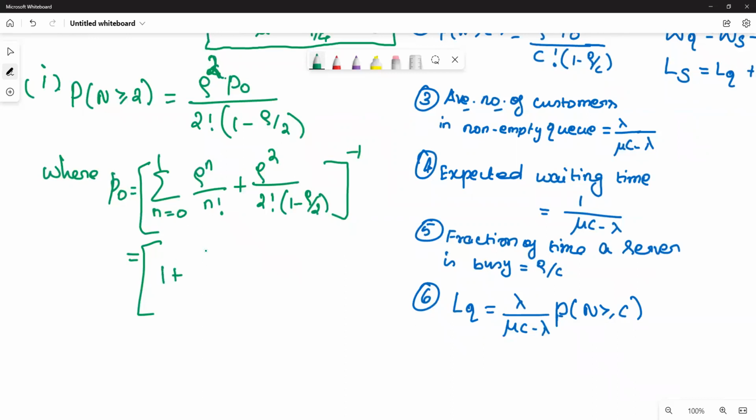So 1 plus (2/3) the whole square divided by 2 factorial into (1 minus 2 by 3 into 2), plus n is equal to 1: (2/3)^1 divided by 1 factorial.